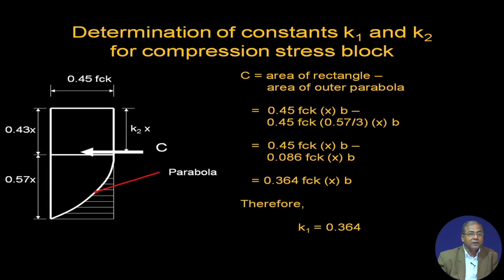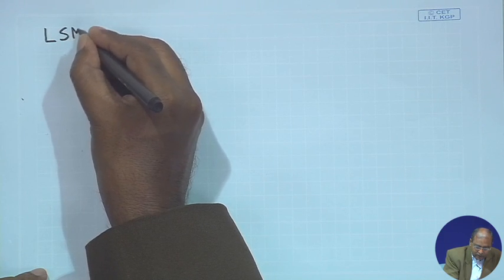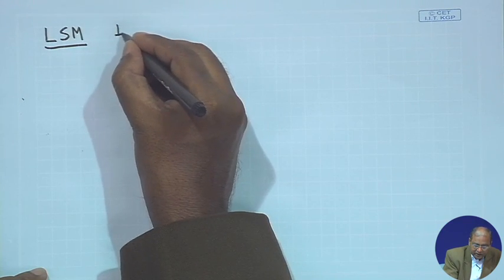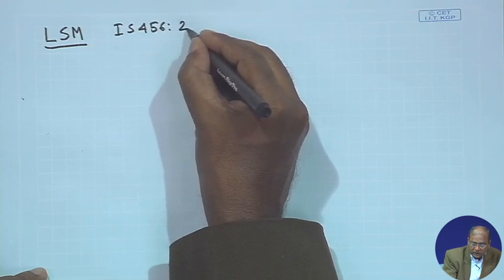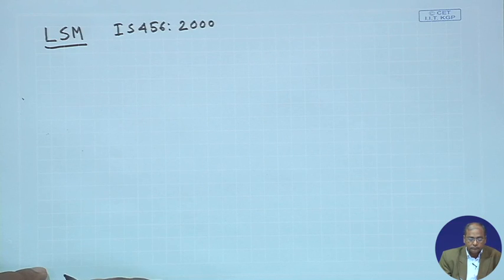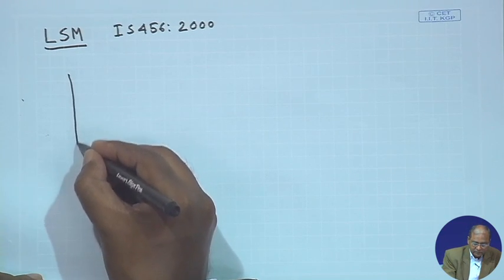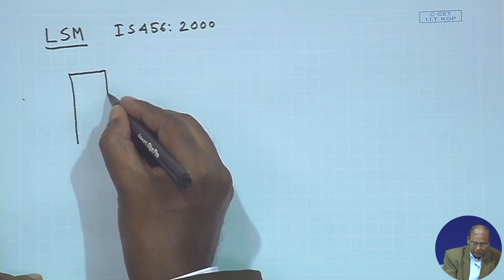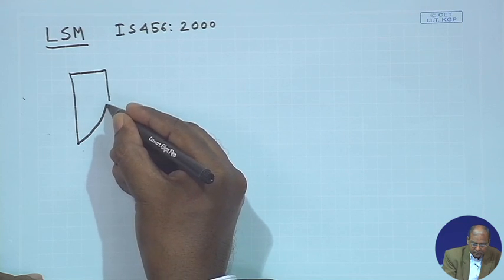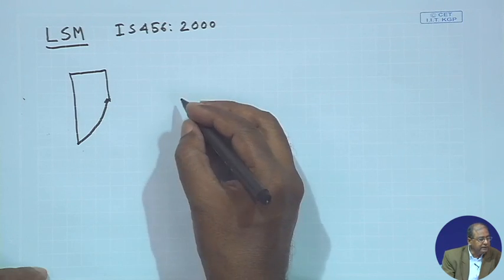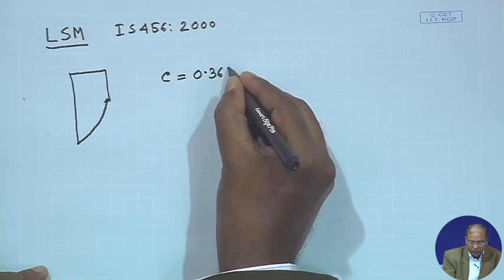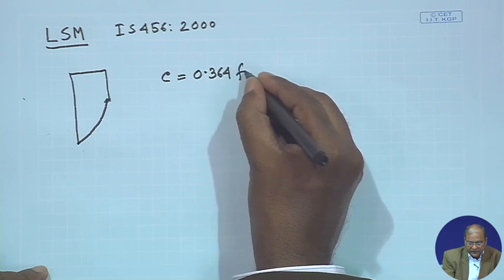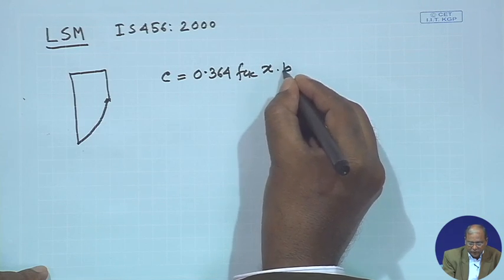Again, this is a very, very important one for the limit state method, and we are talking here about IS 456 2000. We are taking a certain portion, and this C comes as 0.364 fck x into b.